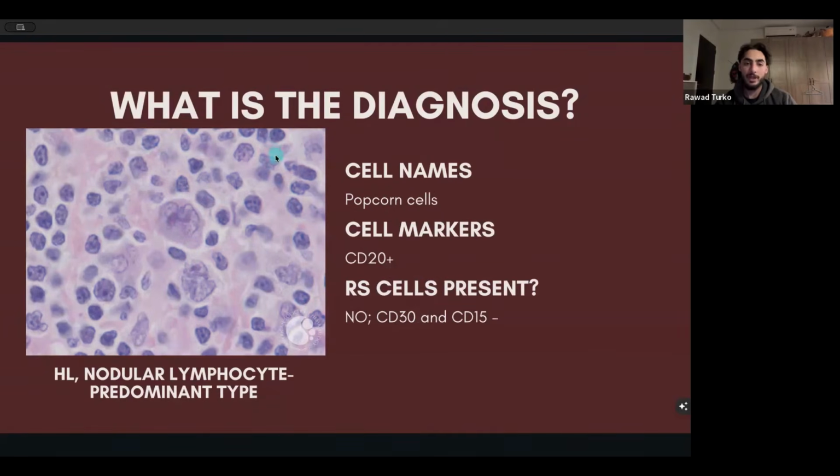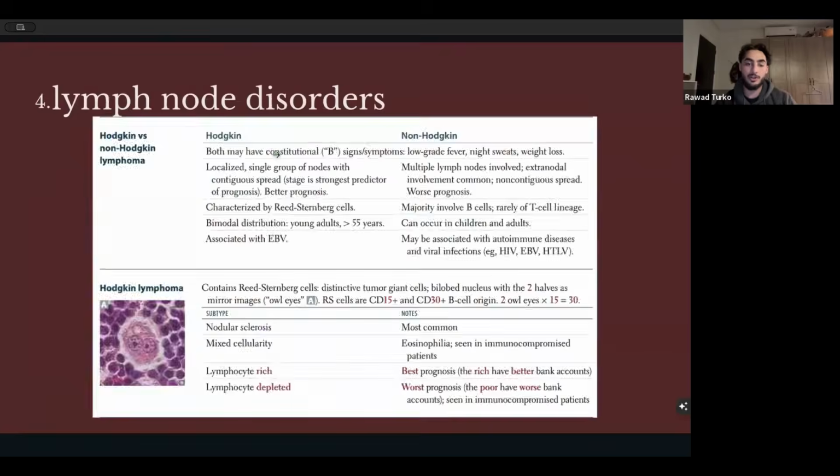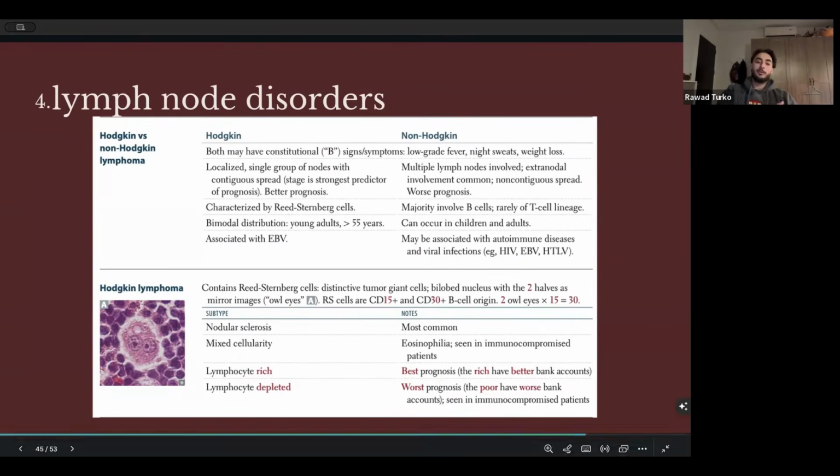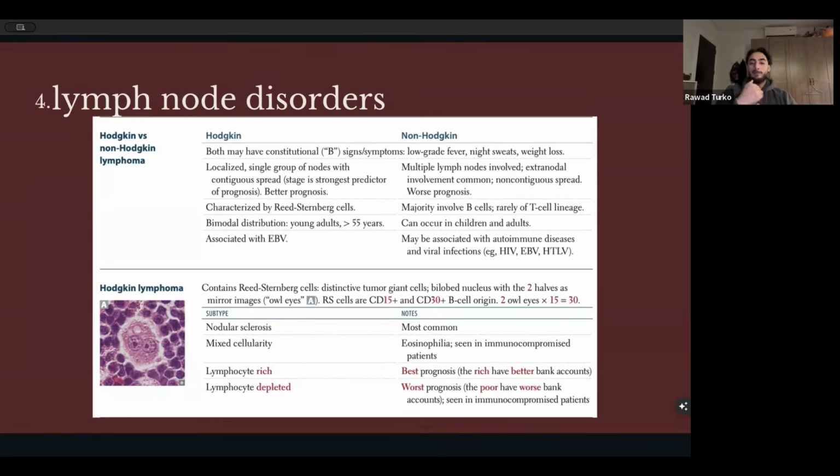Okay. Now, the last two kinds that I want you to know of Hodgkin's lymphoma are the lymphocyte rich and the lymphocyte depleted. And this goes back to our discussion about what is a Hodgkin's lymphoma. So the reason that it has a better prognosis is that the actual cancer itself or the actual defect is in the Reed-Sternberg cells, and that doesn't take up most of the mass.